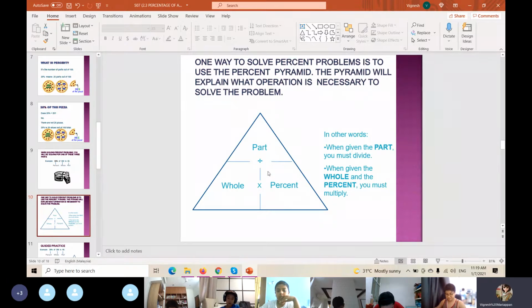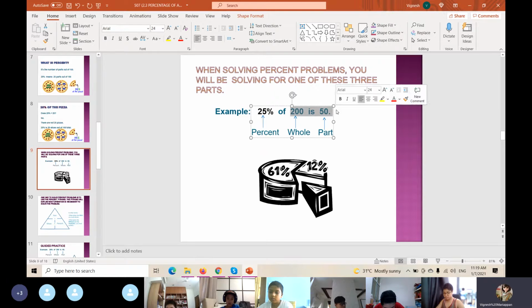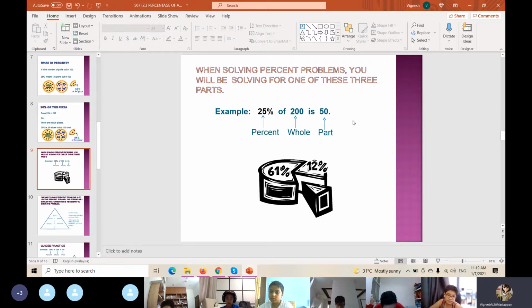This is an example of questions. They are not fully given the whole. In your question, usually they will give the whole, but they won't give the percentage, and you have to find the percentage.